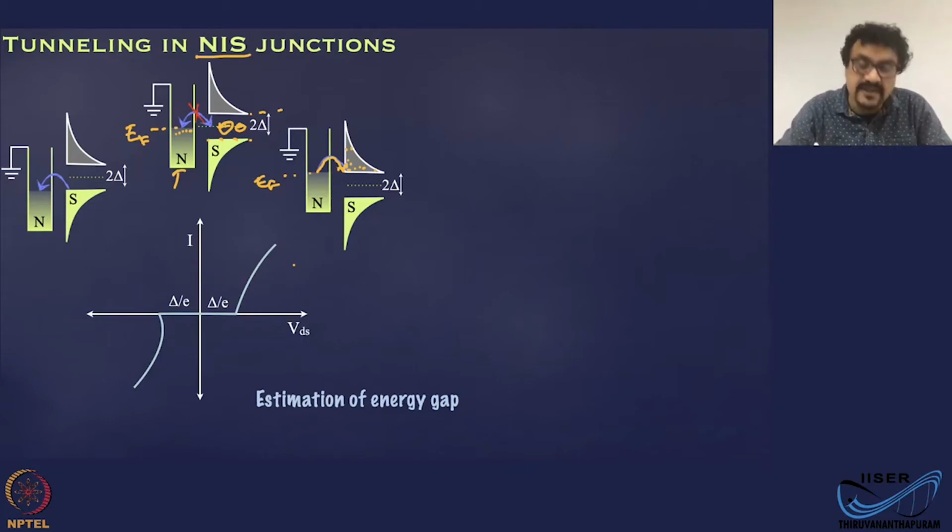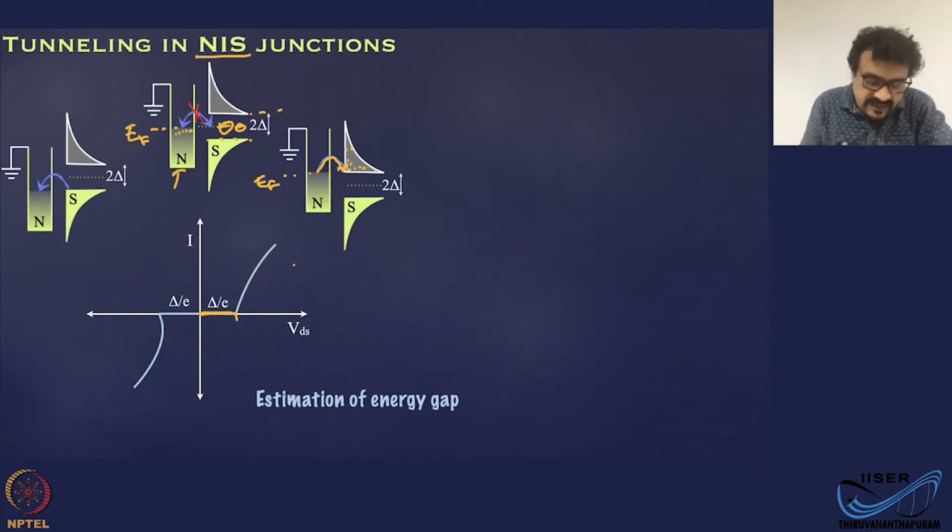Then the tunneling will happen, and current will increase as a function of voltage. So from zero bias through a bias of delta by E, no current. In this window, no current. But once you align this quasi-particle level, which is delta above the Fermi level on the superconducting side, then the current will start increasing because you have available states for these electrons to tunnel into.